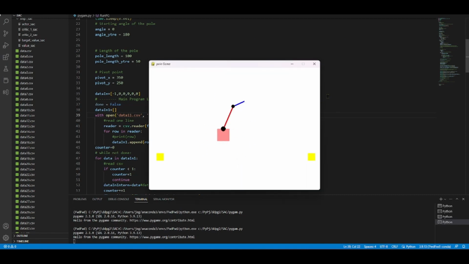Yeah, and by the way, the code for the SAC algorithm I've just borrowed from Machine Learning with Phil's website and plugged in my own model. Yeah, now it's just swinging out there.